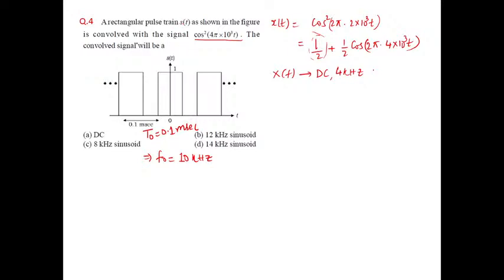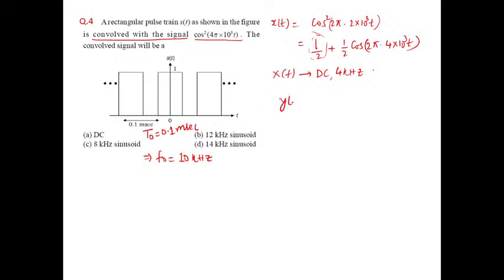Now the signal is not getting sampled using this signal. I was just looking for the time for the duty cycle. The duty cycle is not required over there. Now the signal has not been sampled with this s(t). Rather, the signal is convolved with this s(t).